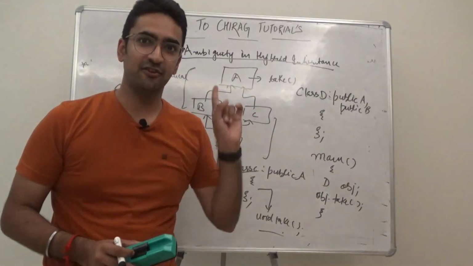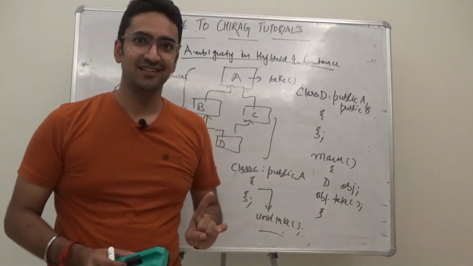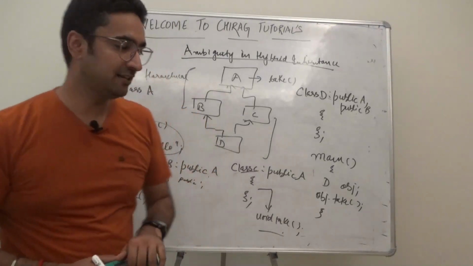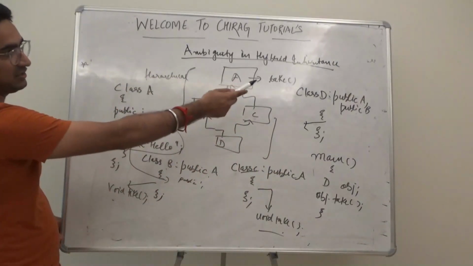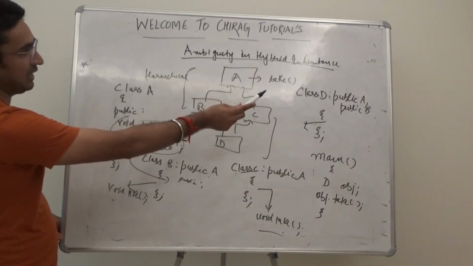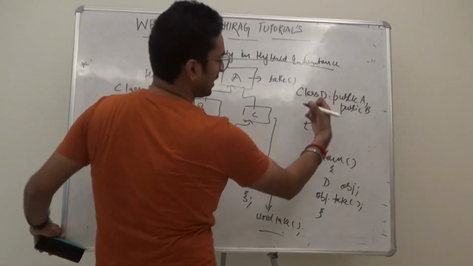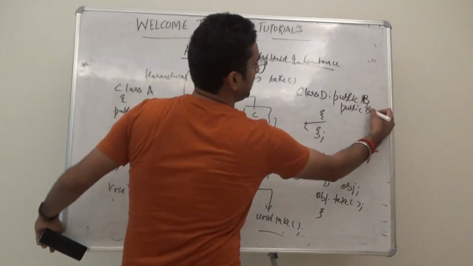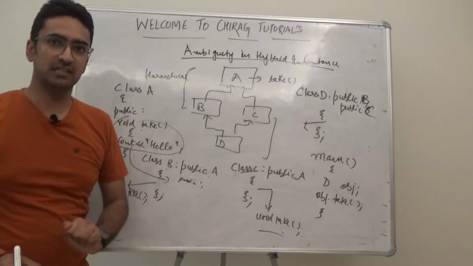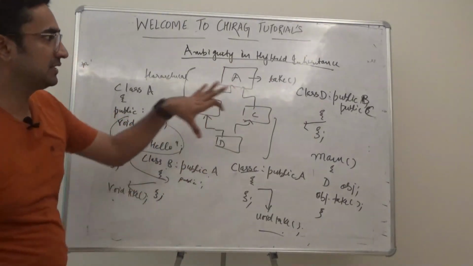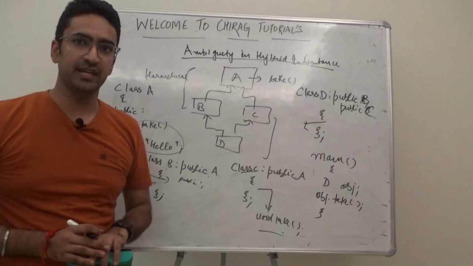Class D is inheriting from B as well as C, both publicly. That's what this multiple inheritance should be.